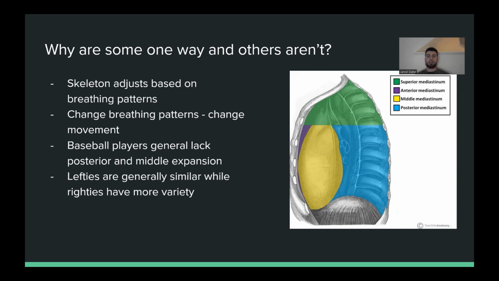The middle and posterior, in my opinion, are just along for the ride. But these two are doing the expansion and compression. If we're constantly trying to expand and compress here, the other two are going to be left behind, and they're going to lack the ability to expand and compress. So that's why I think baseball players really need to work on those two cavities.